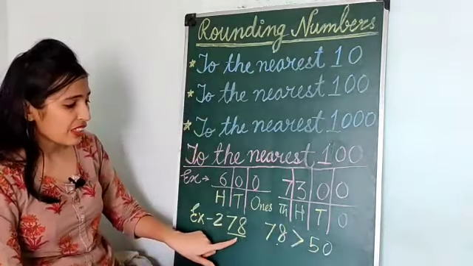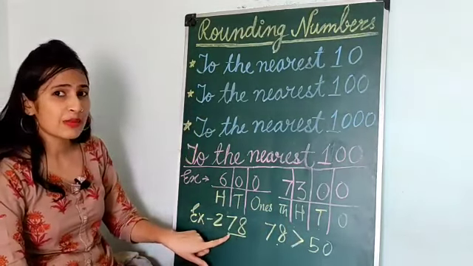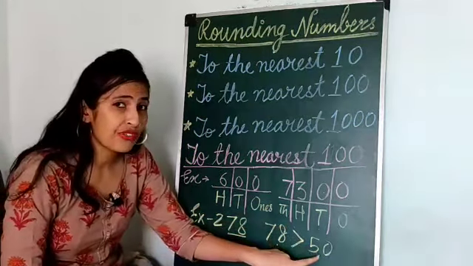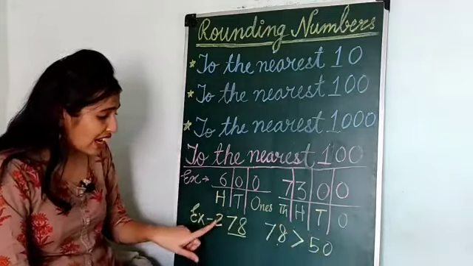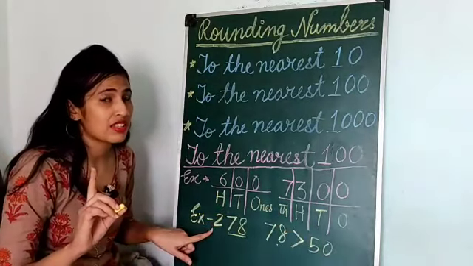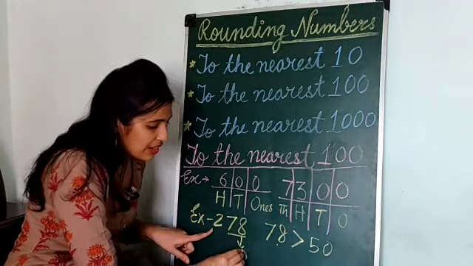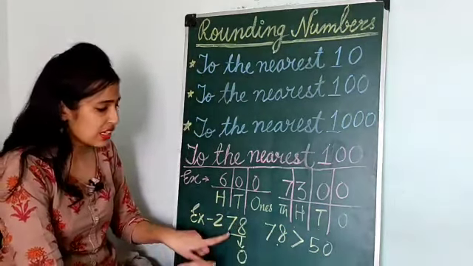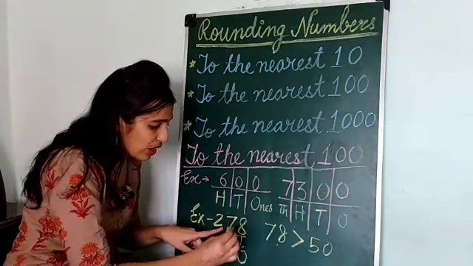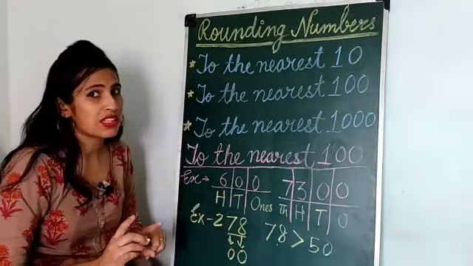So when the number formed by the ones and tens places is greater than 50, we have to add 1 in the hundreds place. We write 0 in the ones place digit and also 0 in the tens place digit.